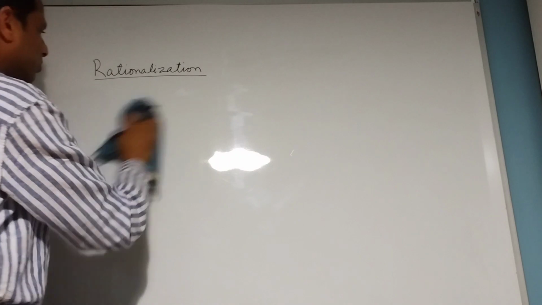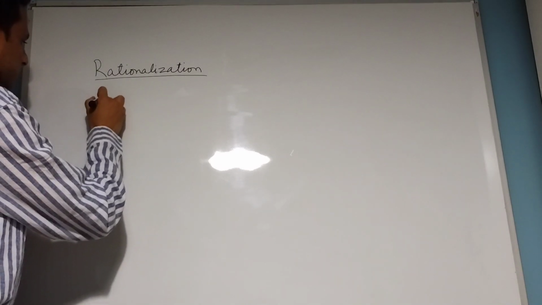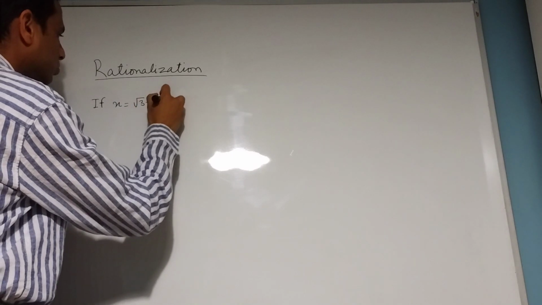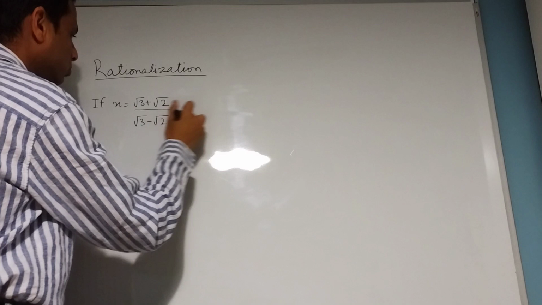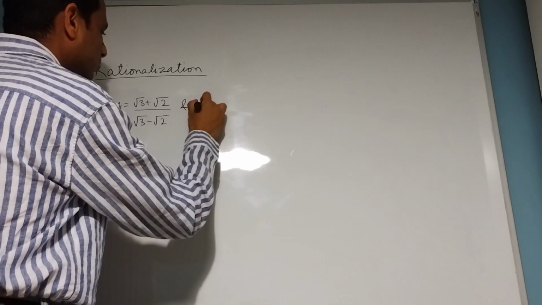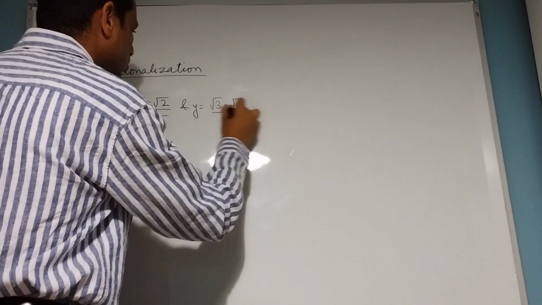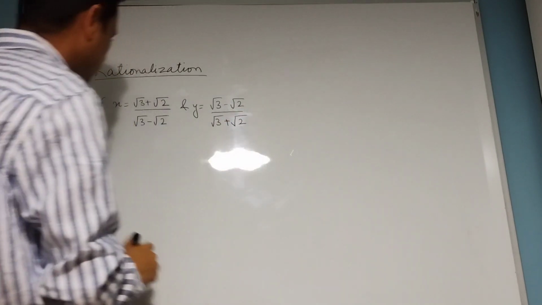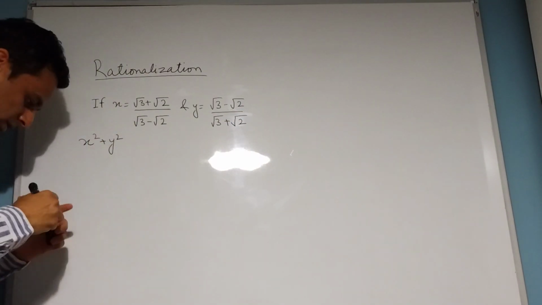Now today we'll try to do little more difficult problems than we did previously. Suppose the question is: if x equals root 3 plus root 2 by root 3 minus root 2, and y equals root 3 minus root 2 by root 3 plus root 2, find the value of x squared plus y squared.